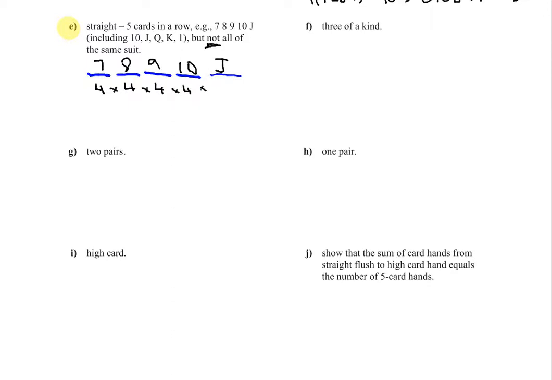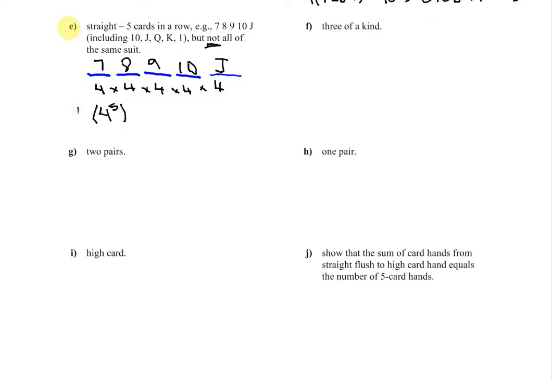And this goes for any number, right? So that's why we're going to do 4 to the power of 5, because that's how many possibilities there are per number, and there's 5 of them, and multiply that by 10, because there are a total of 10 numbers.